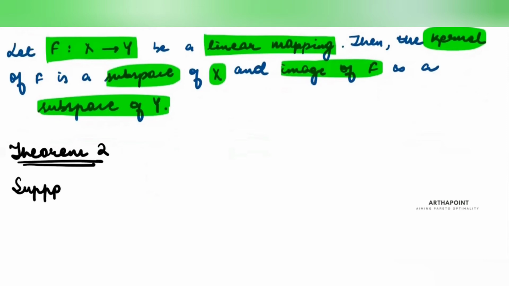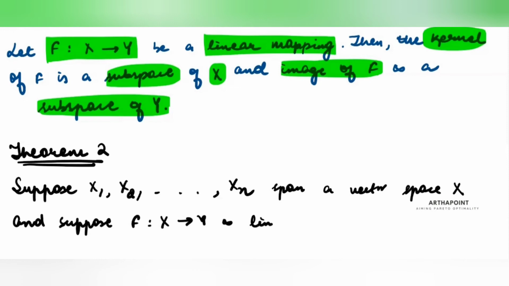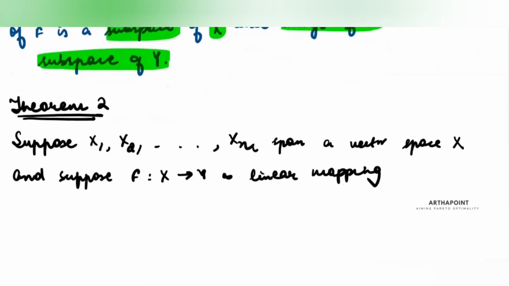Suppose x1, x2 and so on till xn span a vector space x. And suppose the function defined from x to y is a linear mapping. Let's define it from x1 till xm.